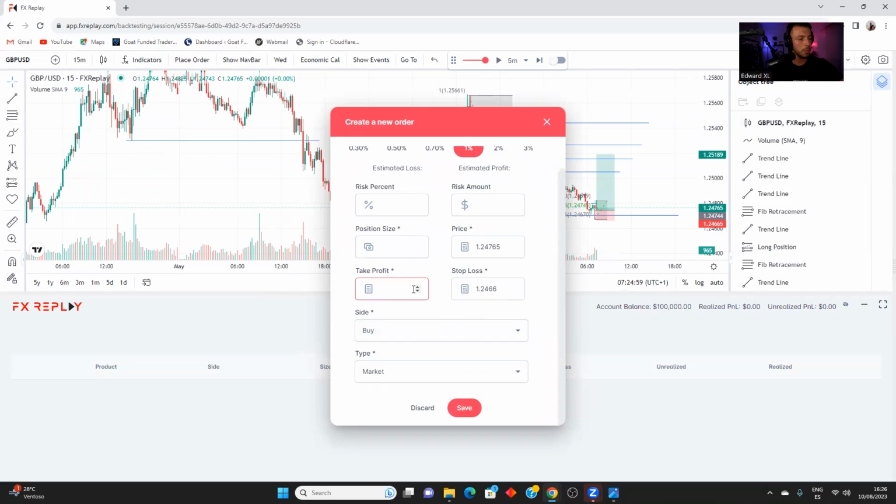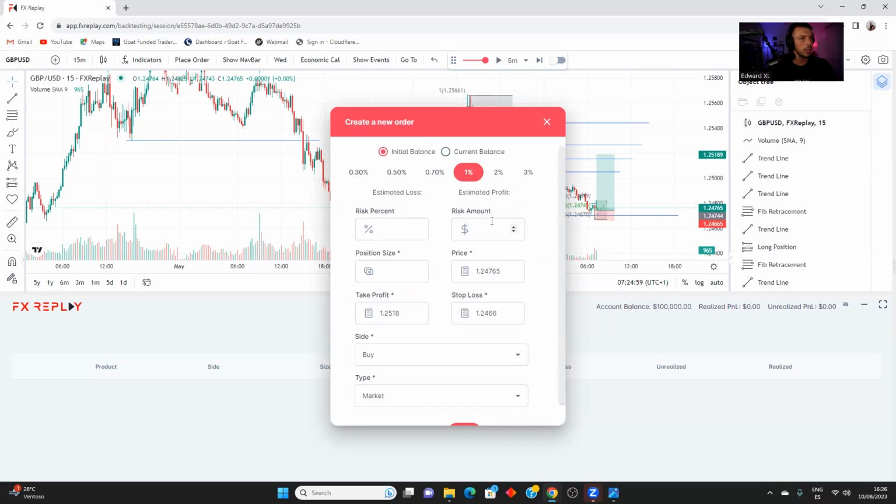Take profit 1.2518, let's say. And risk percent I already saved. Order is not complete. Position size, I have no idea. Isn't that calculated automatically?